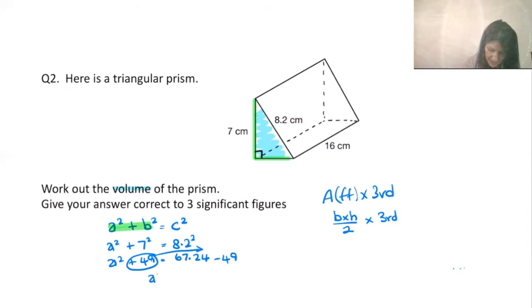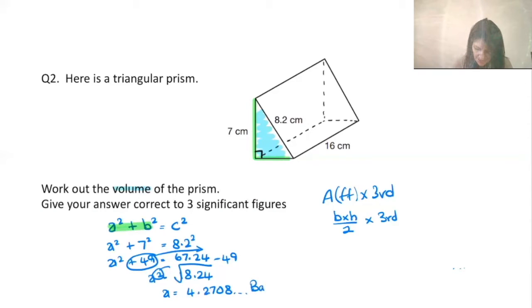So a squared is now equal to 18.24, square root, and a is equal to 4.2708. And remember, don't round. That is our base.